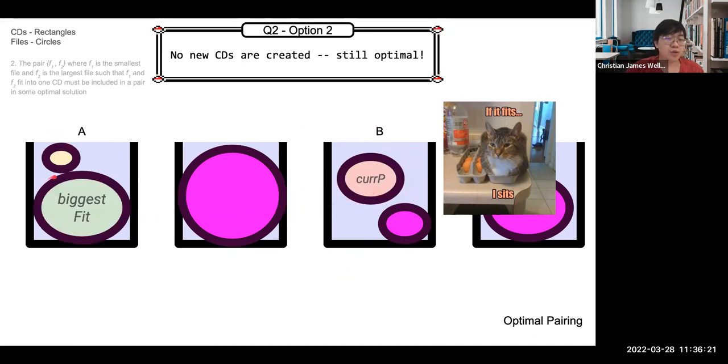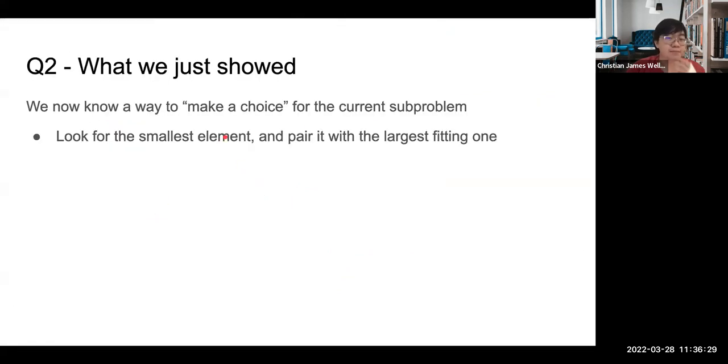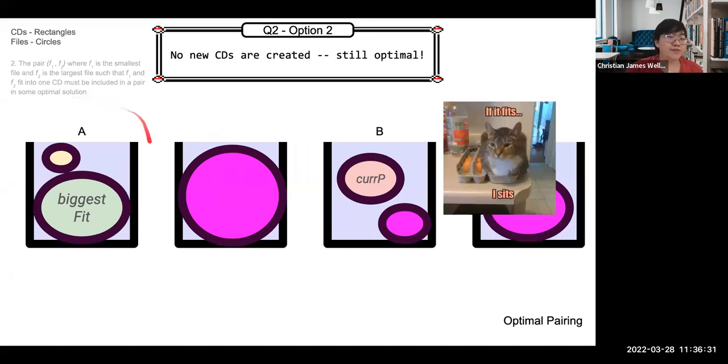So we didn't create any new CDs, and this is still optimal. So it's possible to always find an optimal solution where not only the smallest file is in a pair, but the smallest file is also paired together with the largest that can fit with it.